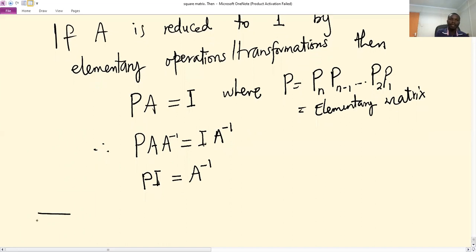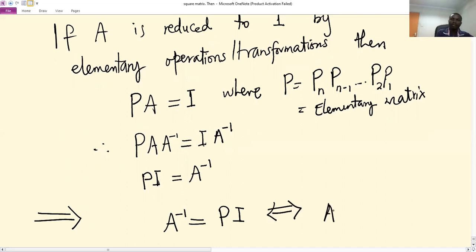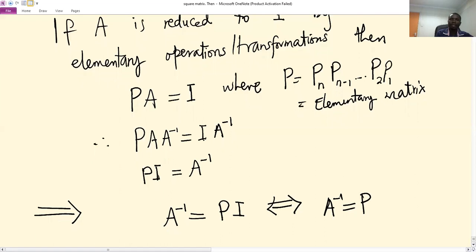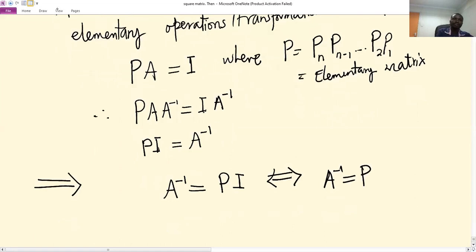Which implies that the inverse of the matrix A is the same as P times the identity matrix I, or similarly, A inverse is the same as the matrix P, where P is the elementary matrix.